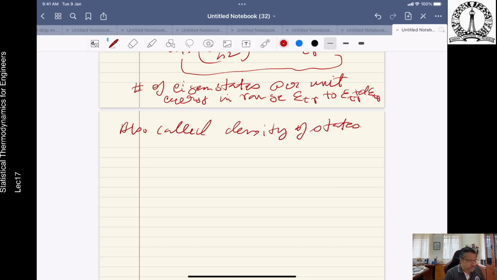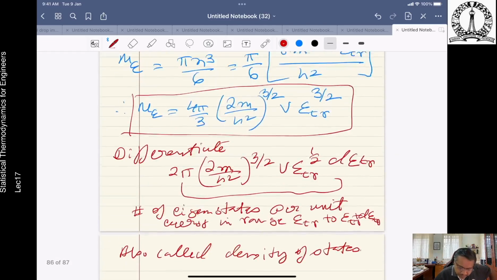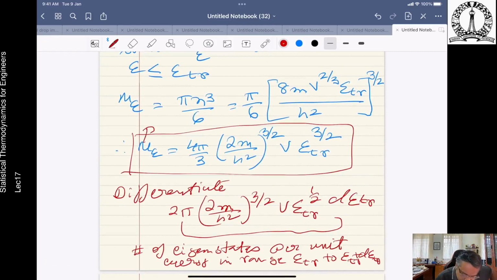So this is also called the density of states. Therefore the number of quantum states available is given by this.